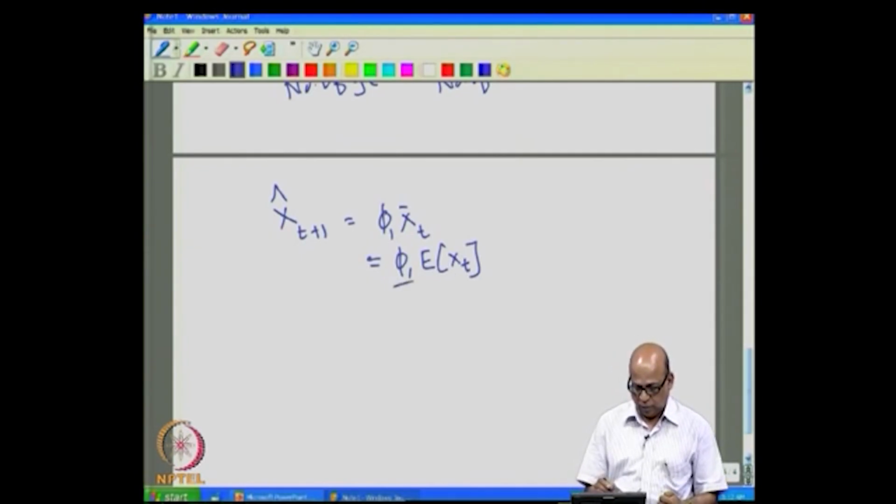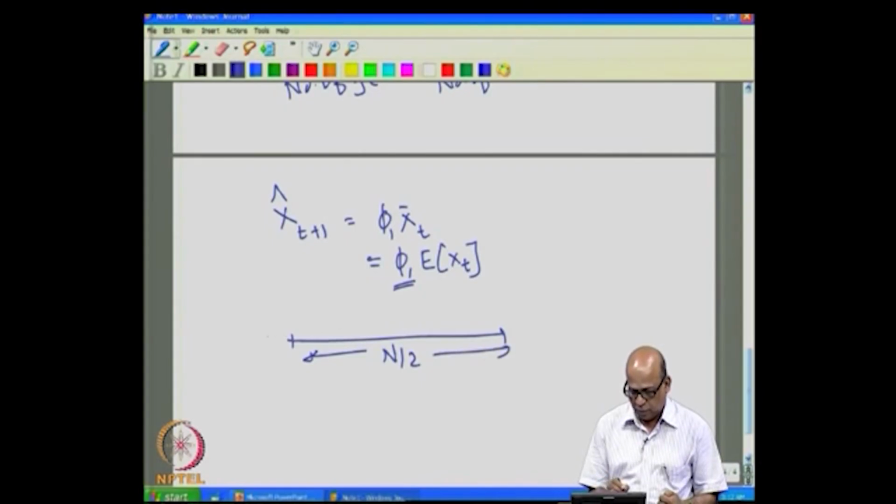So, this phi 1 you would estimate based on the first n by 2 values of the data and then start applying this. When you start applying this, let us say that you are now applying for the remaining n by 2 values and this is one time step ahead forecast. So, given x t, you had this x t value known, you want to apply this. So, I will get x t plus 1 cap, this is known, x t is known.